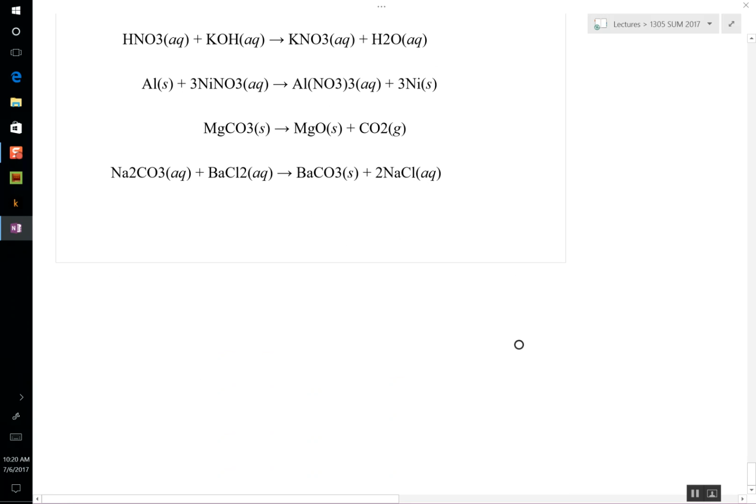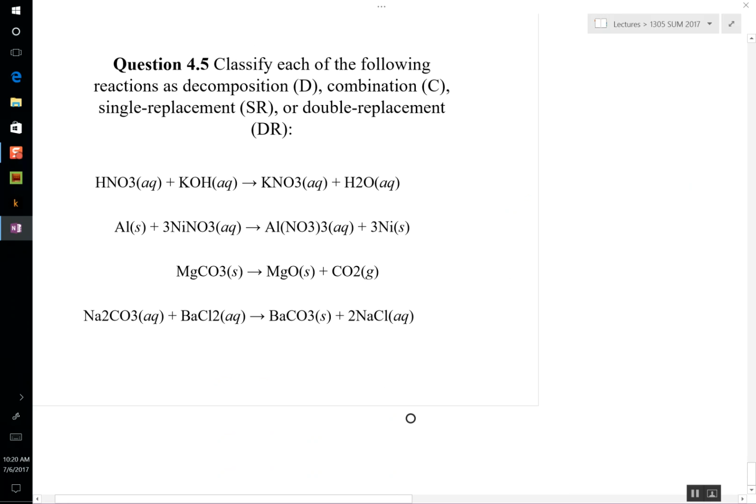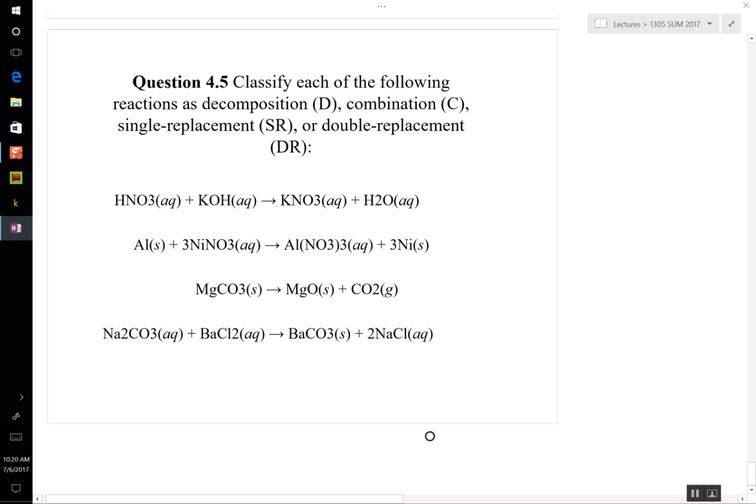Okay, here's the last slide. Classify these reactions. And then let's pull up the homework. The first one. What type of chemical reaction is that?